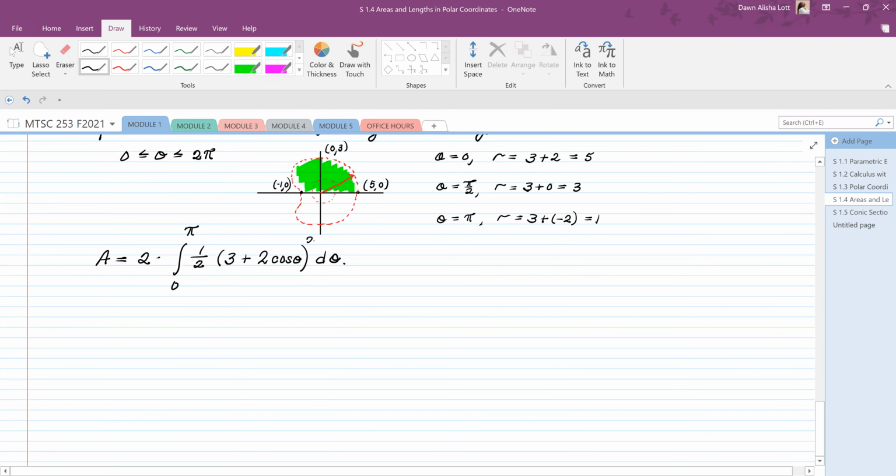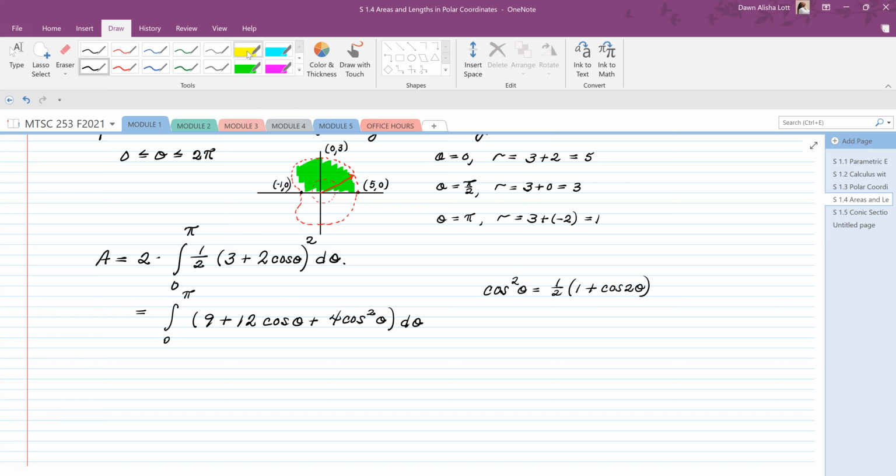Okay, so now we have 1/2 of r squared. All right, so now the 2 times the 1/2 drop out. So I get the integral from 0 to pi, and inside I'm going to get 9 plus 12 cosine theta plus 4 cosine squared theta, d theta. And we have to remember that cosine squared theta is equal to 1/2 times 1 plus the cosine of 2 theta.